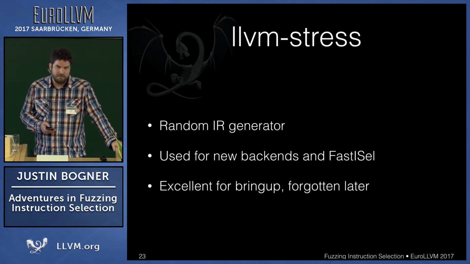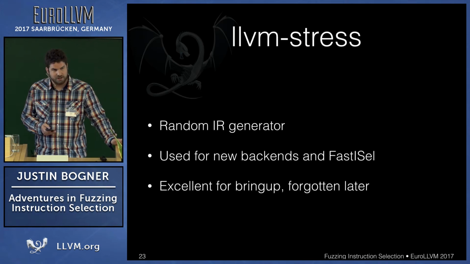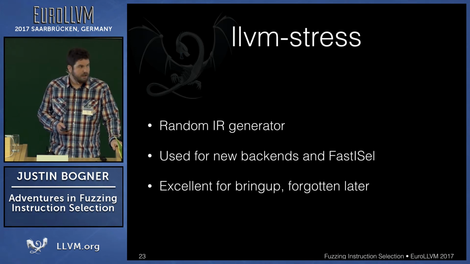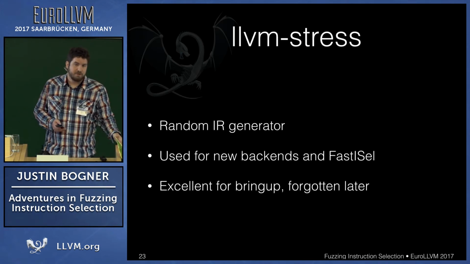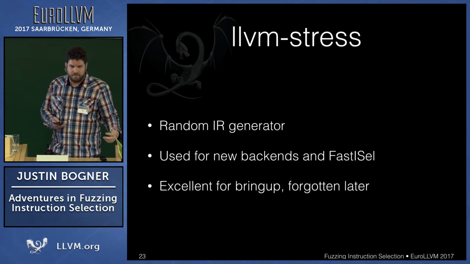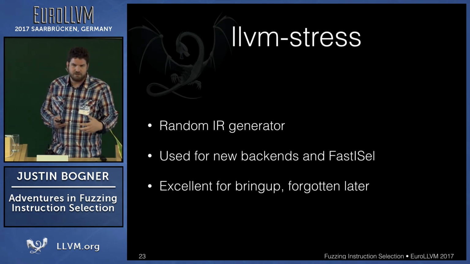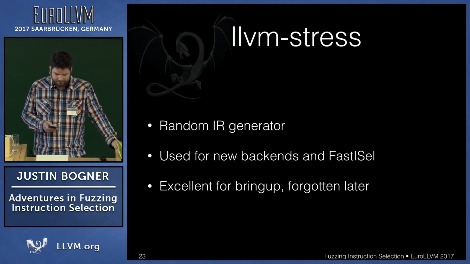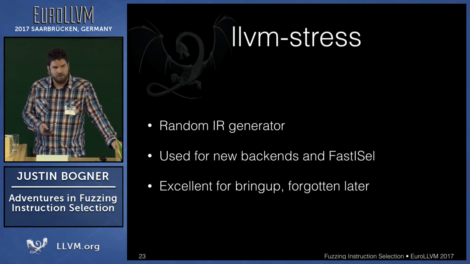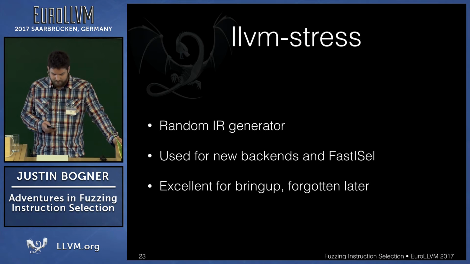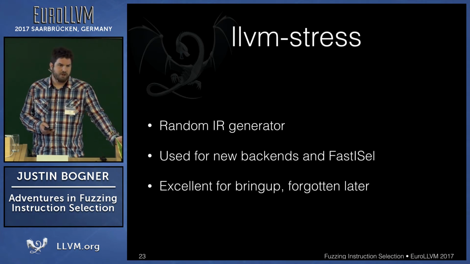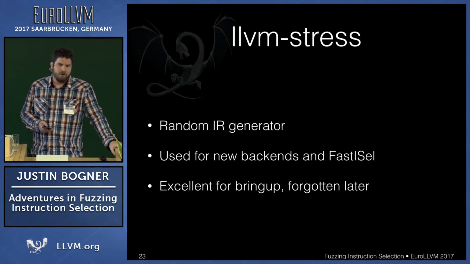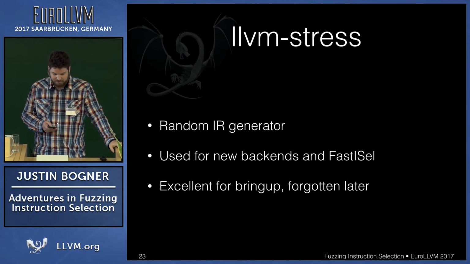So I lied a little bit earlier when I told you that we didn't have any fuzzers for backends. There actually is a little bit of prior art there. There's this tool in LLVM called llvm-stress, which is basically just a program that generates random, semantically meaningless but completely valid IR. This has been around for a while, and it's used pretty often for bringing up new backends or bringing up a FastISel implementation or something like that.